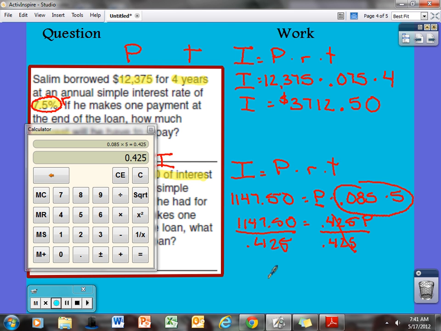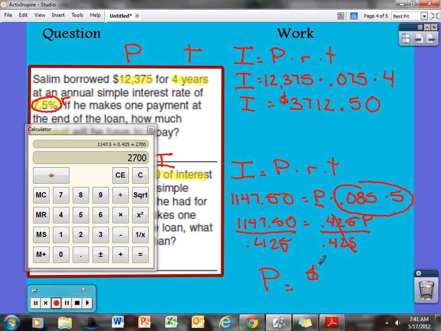That cancels out, so I'm just left with P is equal to, so on the other side I have $1,147.50 divided by 425 thousandths.